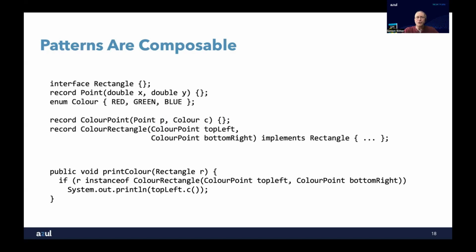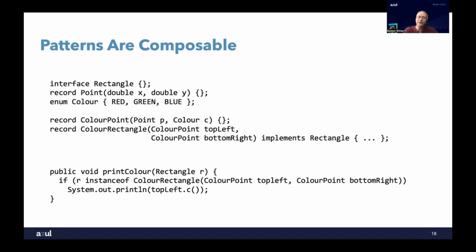What we could then do is use our deconstruction pattern with instanceof, and we can say print color of a rectangle. So if r is instanceof, and we'll test against the ColorRectangle record, and we'll use the deconstruction by giving it the definition of that ColorRectangle as ColorPoint topLeft, ColorPoint bottomRight.